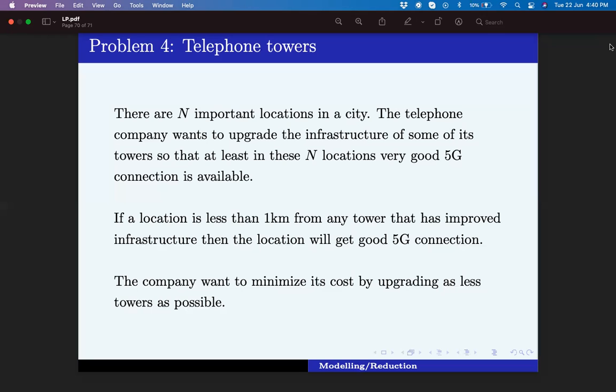This is called the primal dual theorem, which says that in the LP world, these two maximum and minimum values are the same.